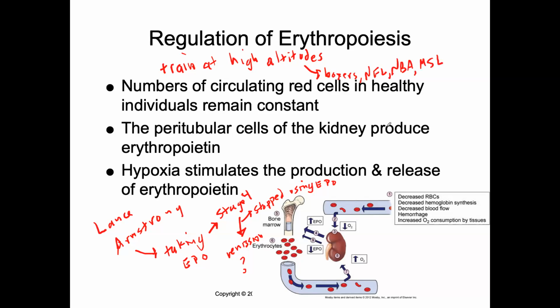It's one of those things that is going to give you an advantage over somebody that trains at sea level, right? If you're willing to do that, you're going to gain an advantage for sure because you're going to have more oxygen carrying capacity and more endurance than anybody that's not doing that.